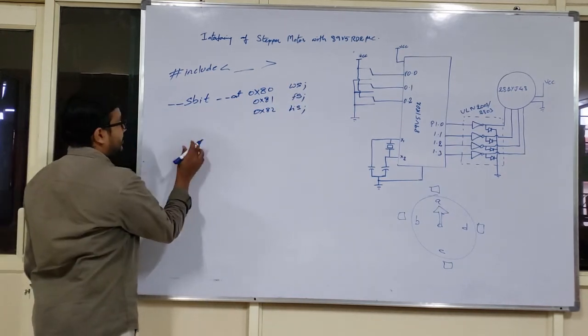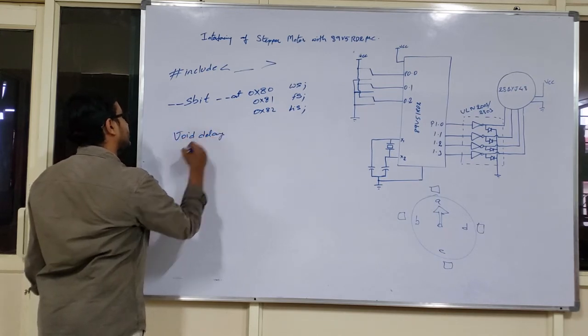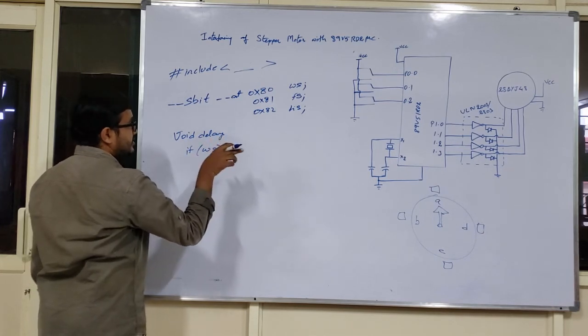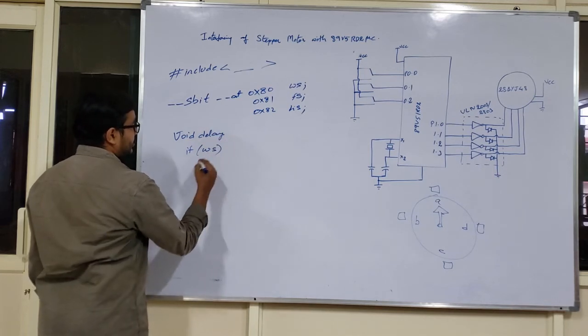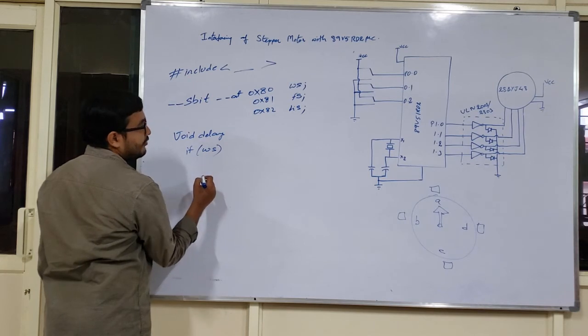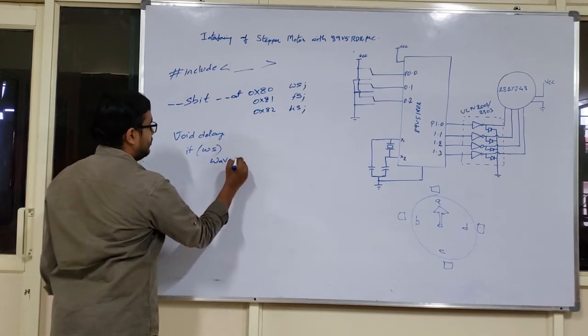Now I may use an if condition inside the programming, like void main, if WS, that means the WS switch is being pressed, or on. Then what happens is you need to call a function called WS, the wave step excitation mode.